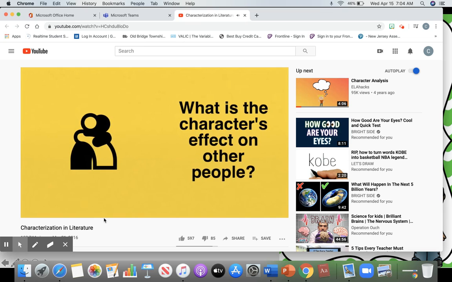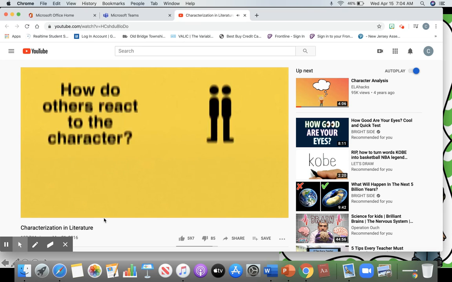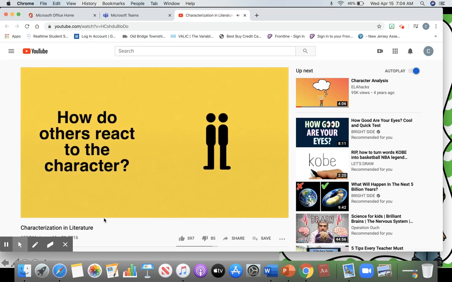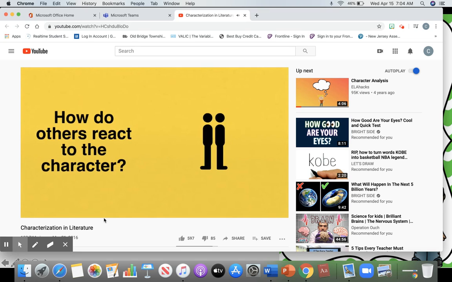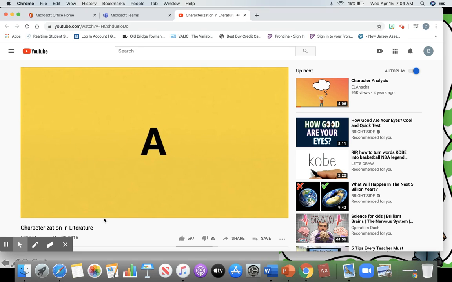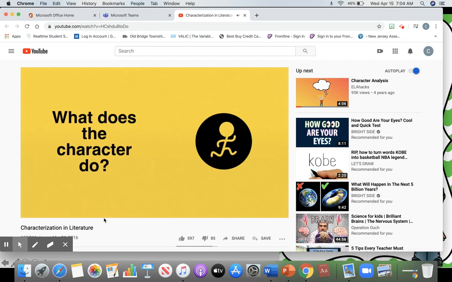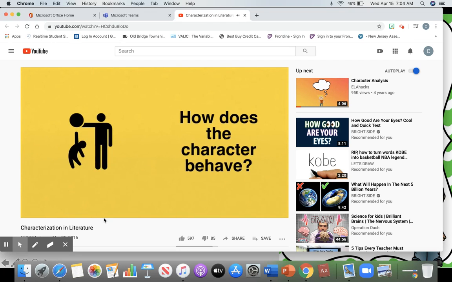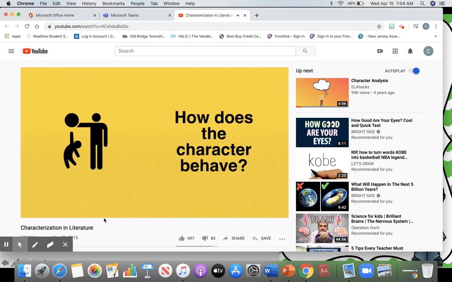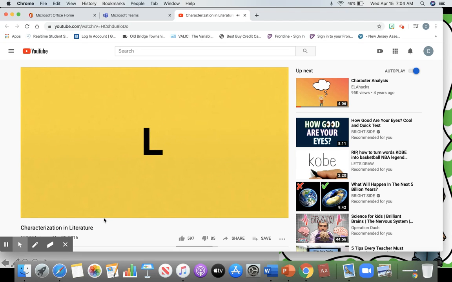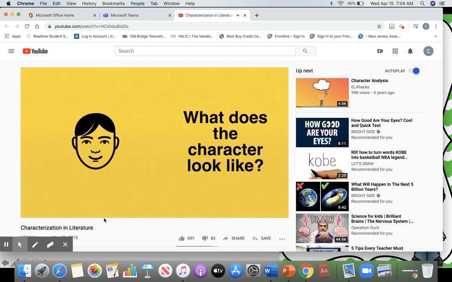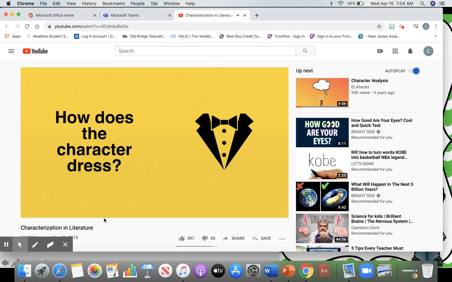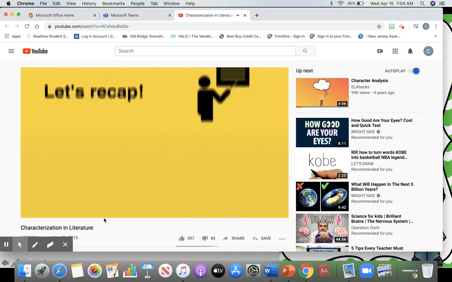Think about the character's effect on other people. How do others feel or react in response to the character? A stands for actions. What does the character do? And how does the character behave? L stands for looks. What does the character look like? And how does the character dress?